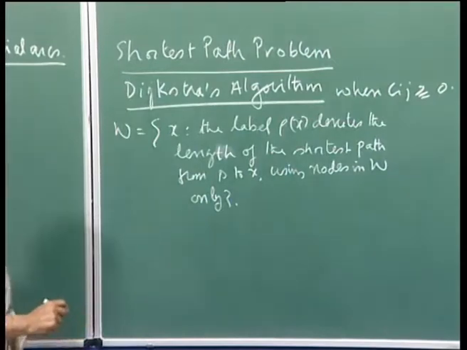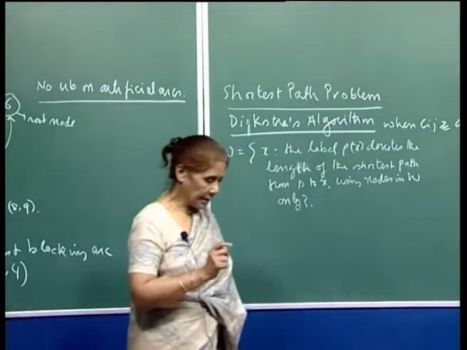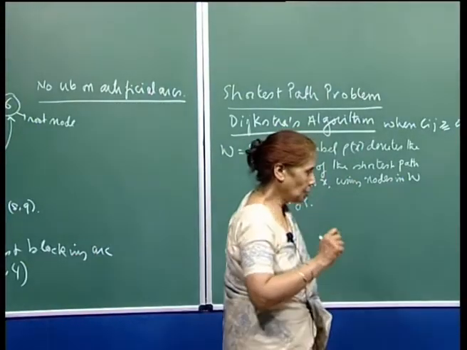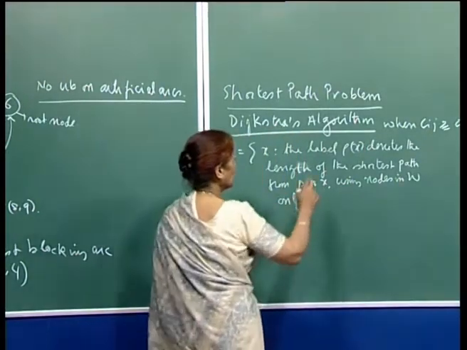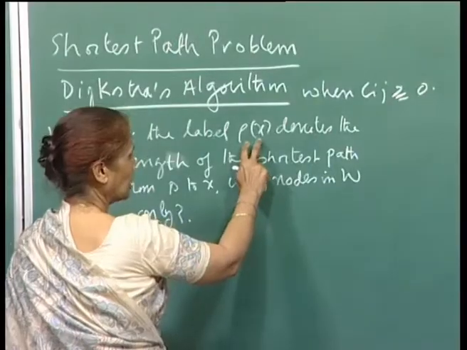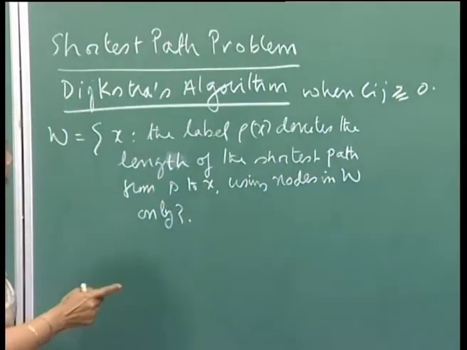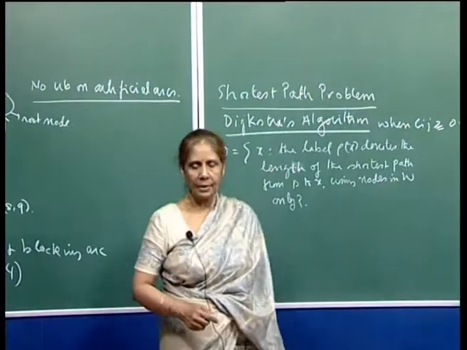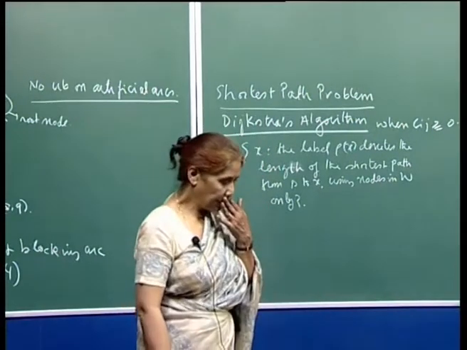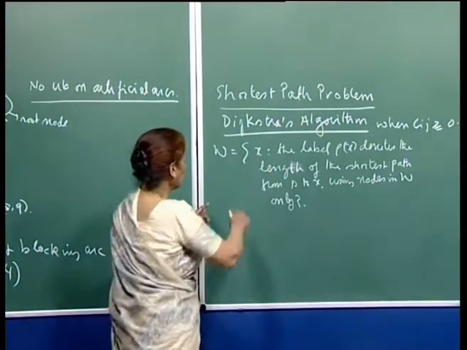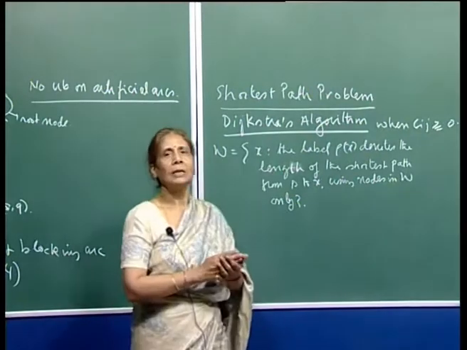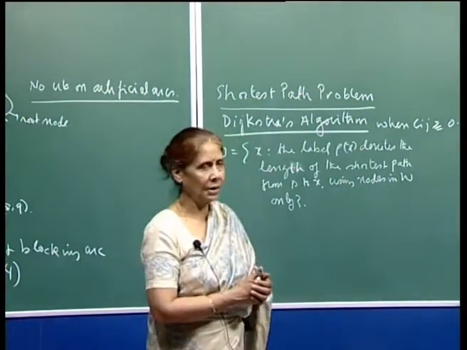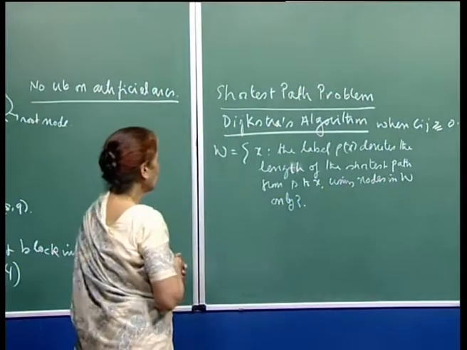Okay. So let me define W as the set in which I keep adding those nodes for which I have the length of the shortest path from S to that node using only the nodes in W, and that label I will call rho X. So I will constantly go on building my set W, and the moment T belongs to W, I have found the shortest path from S to T. Now how do I do it?